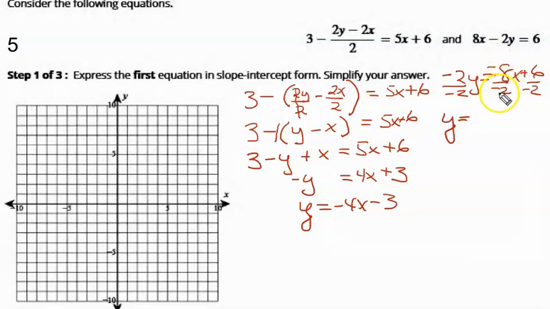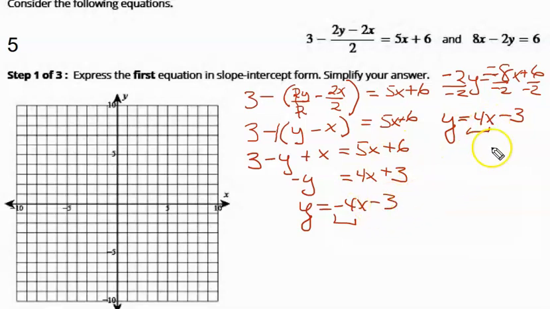Now negative 8 over negative 2 gives me a positive 4x. And this gives me a negative 3. Okay. Again, as we inspect the slopes, this is a negative 4. This is a positive 4. They're not reciprocals, even though they are opposite signs. So again, this is a neither.